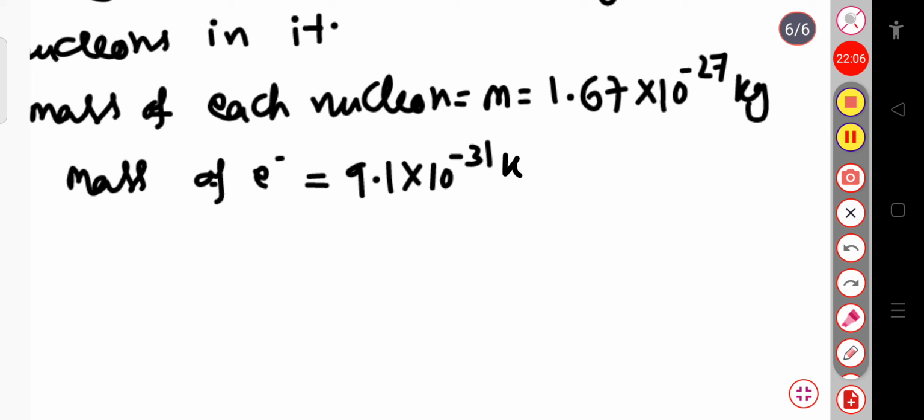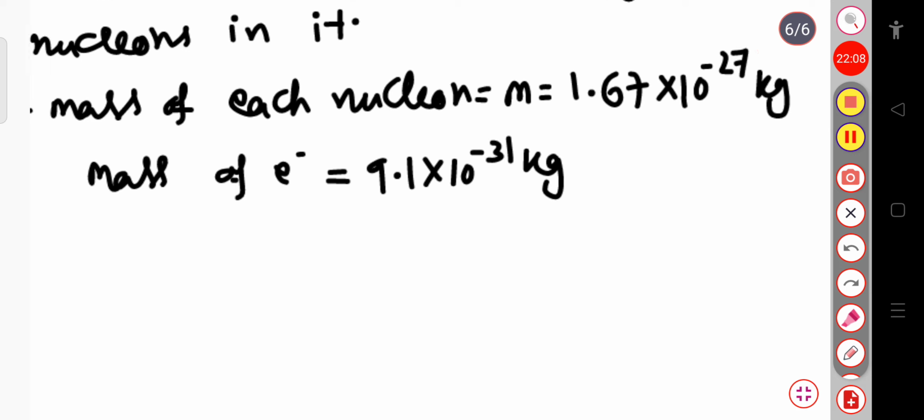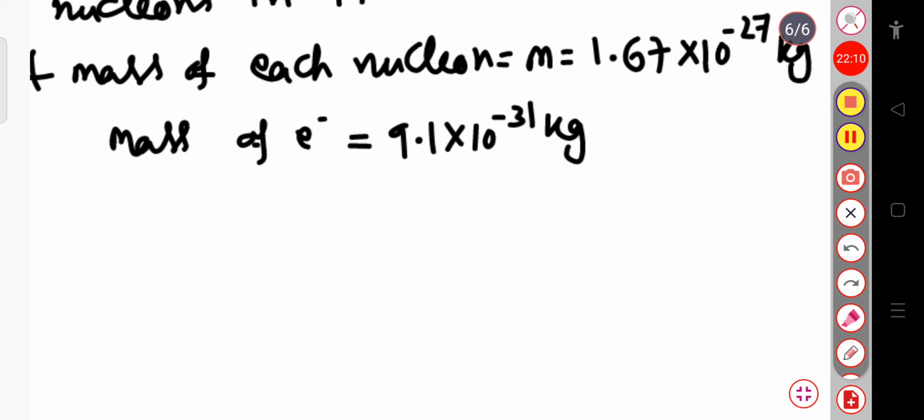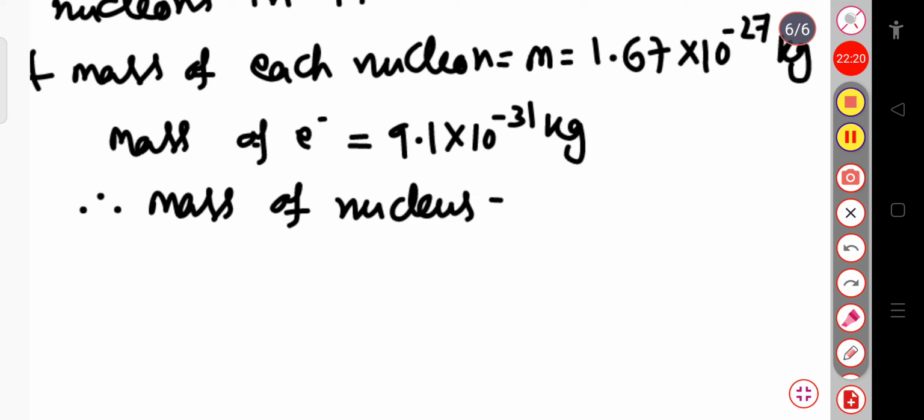Therefore we can write the mass of the nucleus as the mass of each nucleon into the atomic mass.